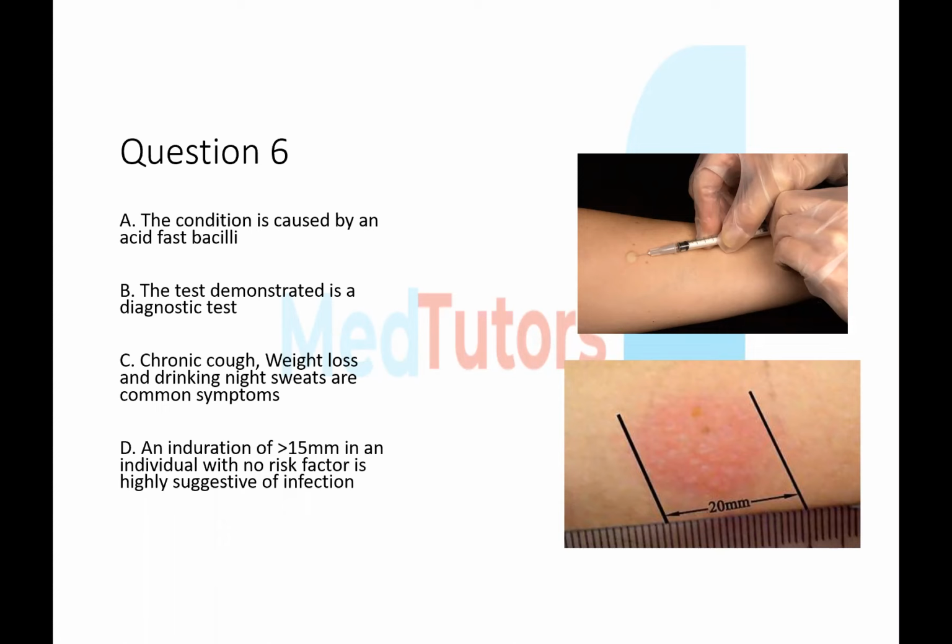Even patients in prison have a cutoff of 10 because they have risk factors for TB. But if there is no risk factor, maybe the president, for instance, who is not exposed to anyone, he's just sitting in his office enjoying his life, we'll use a cutoff of 15 for him. All right, next slide.